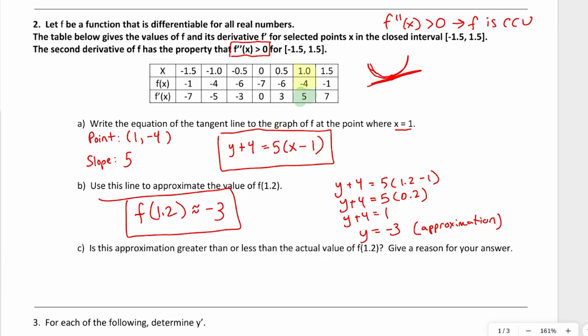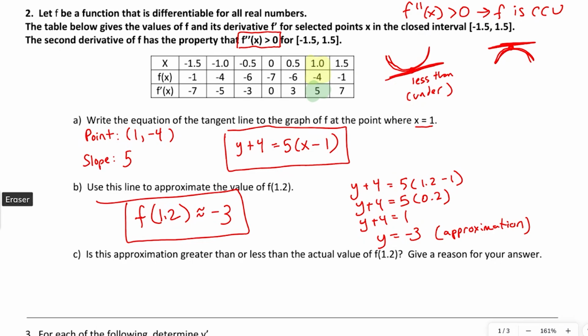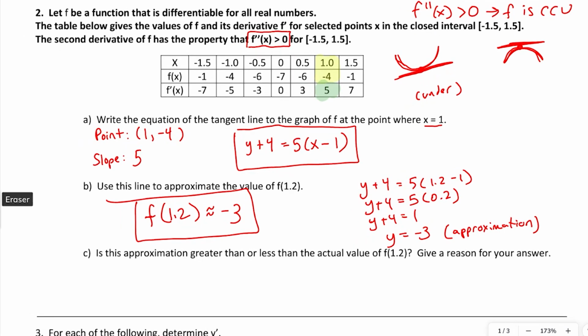In other words, the approximation would be less than the original. However, if the graph is concave down, then the tangent line will be above it and therefore be an overestimate.